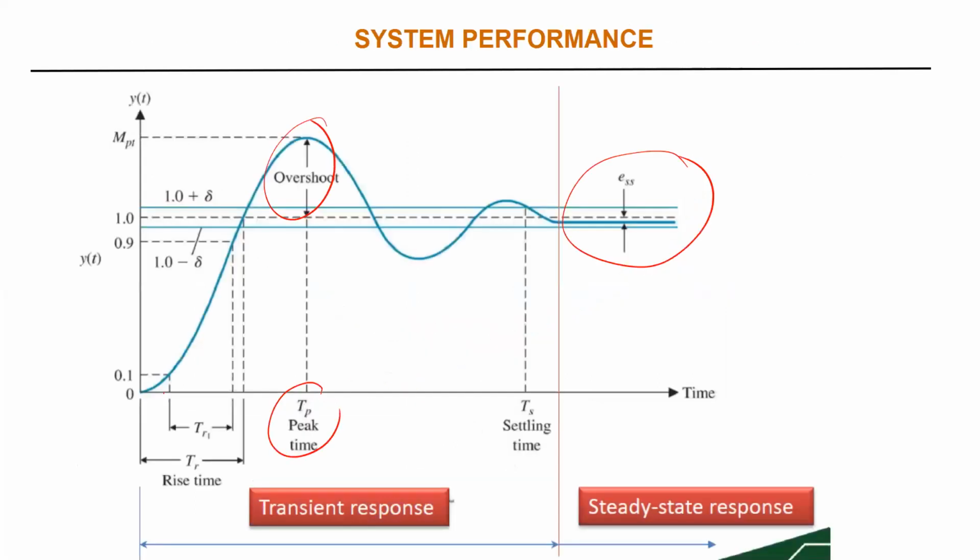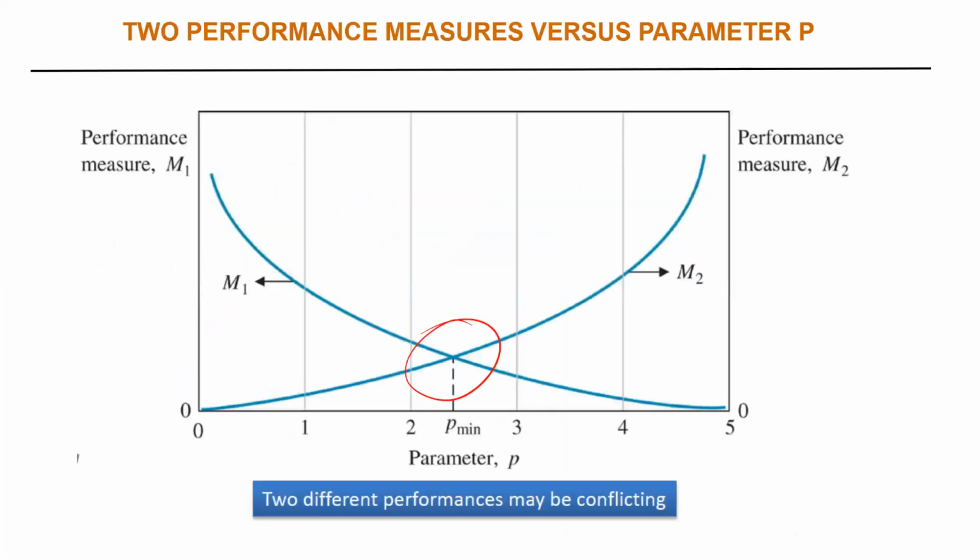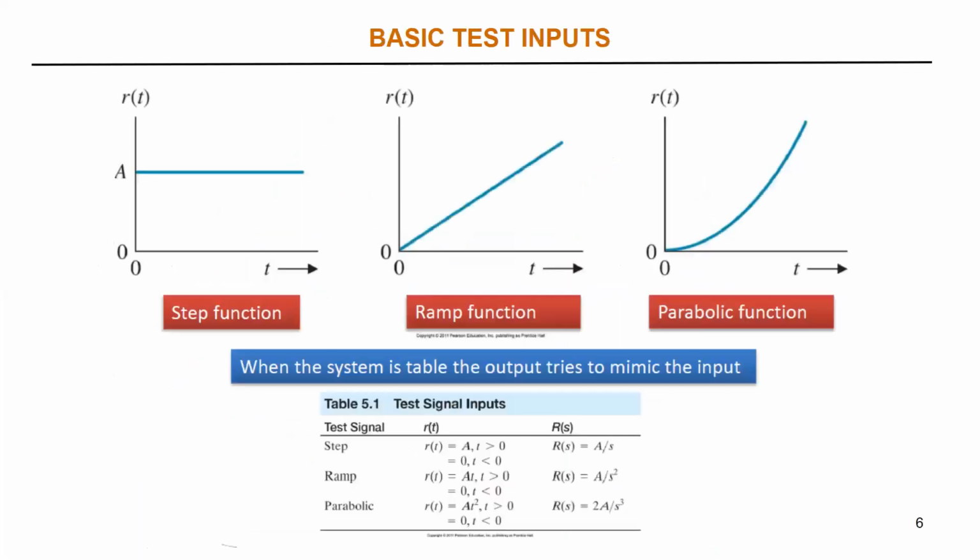For example, if I need my system to be fast, the damping factor should be small. But small means more overshoot. So sometimes you have to compromise in the specification.